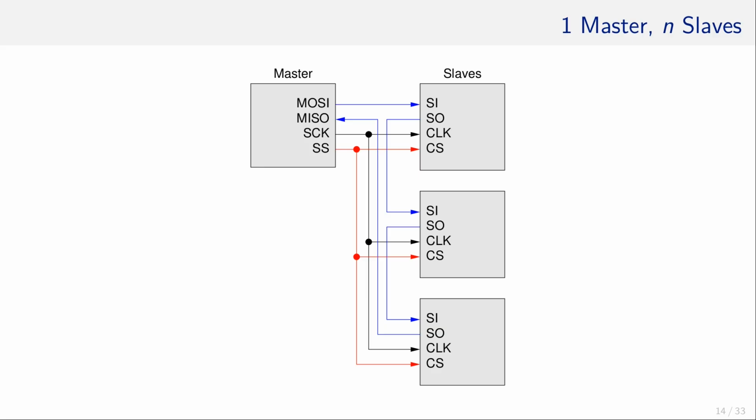Therefore, if the data is destined for the second slave, now the master pulls down SS to activate all slaves. Then the master puts a dummy byte into its shift registers and clocks SCK again 8 times. So the data travels through the entire topology like a train.